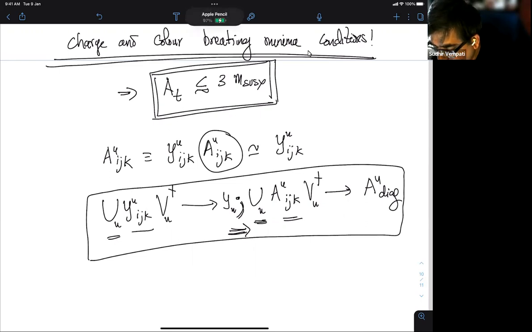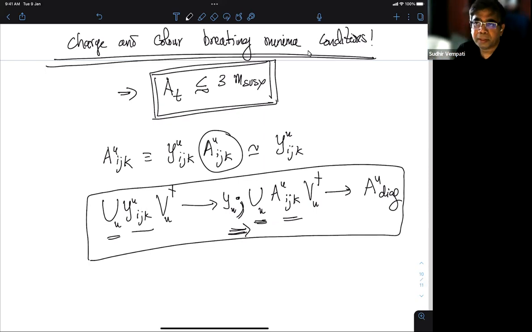So this is a very reasonable assumption to make, because the flavor constraints on A^U, if it breaks away from the Y^U form, are extremely dangerous. So they have very strong constraints. So it's a very natural assumption to make them aligned to Y^U.